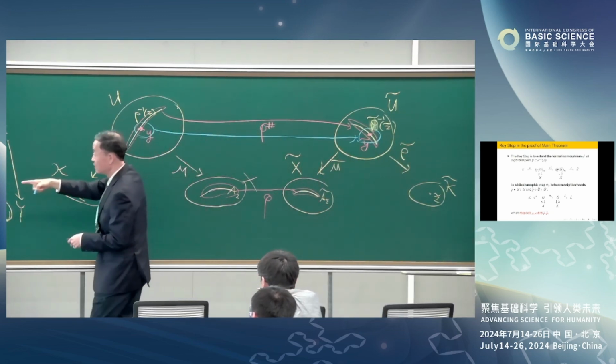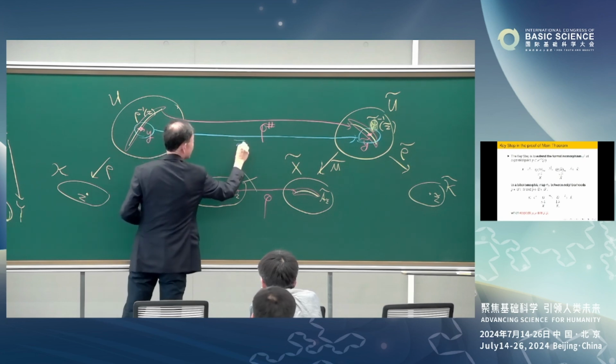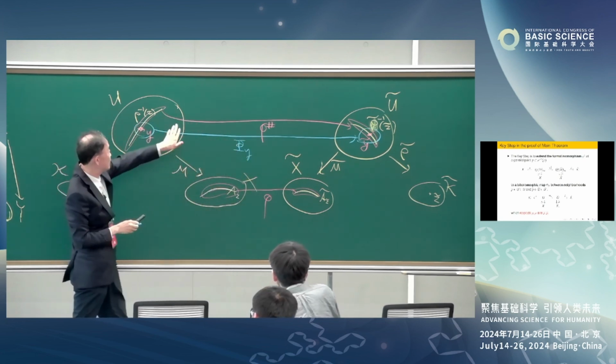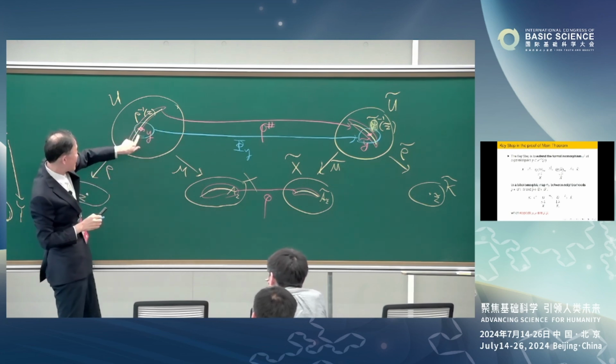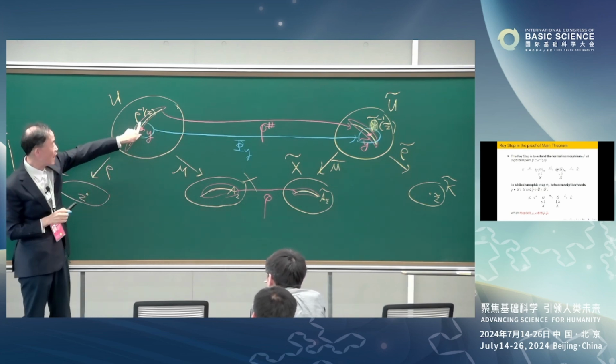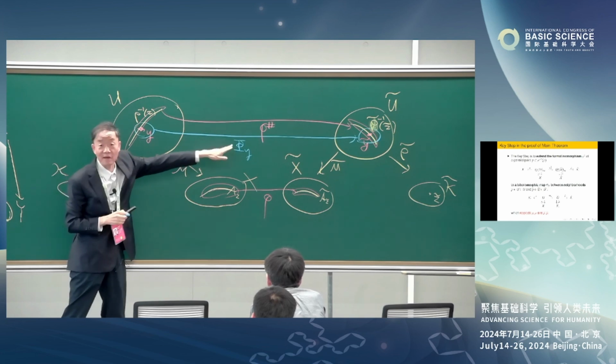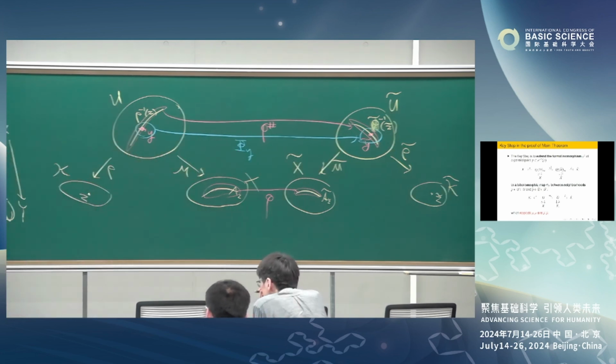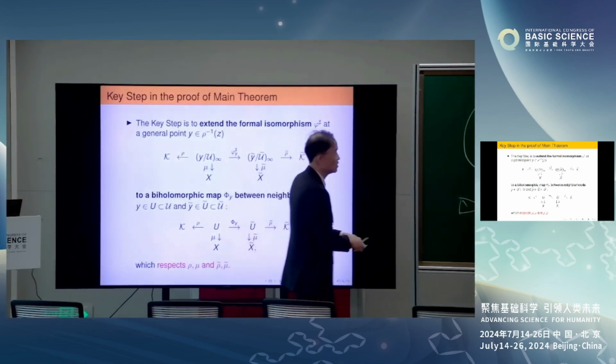That's the phi. You can extend this formal isomorphism in a neighborhood of this point y to a biholomorphic isomorphism which respects rho and mu.